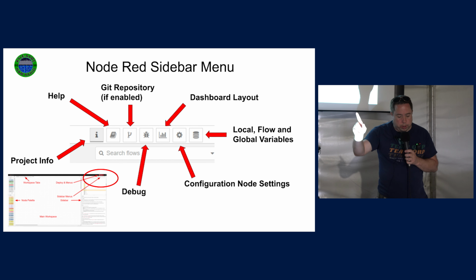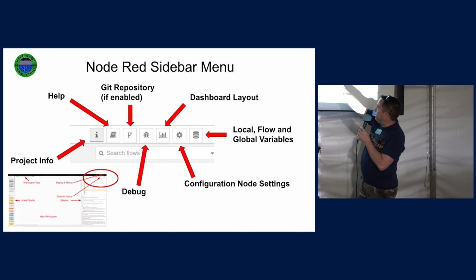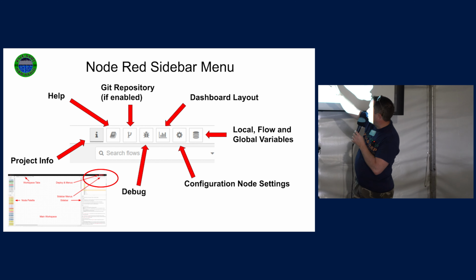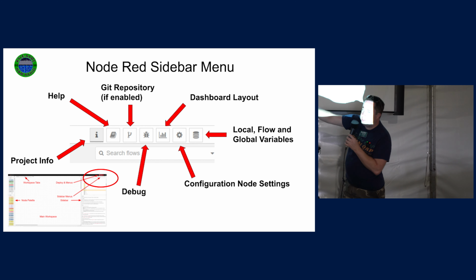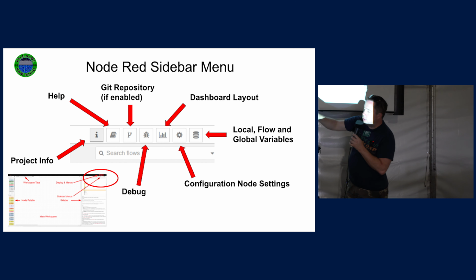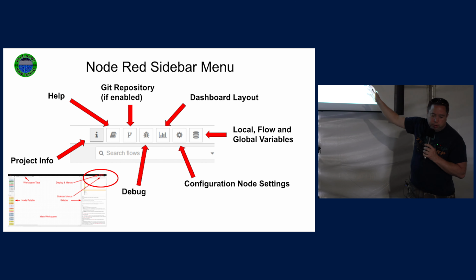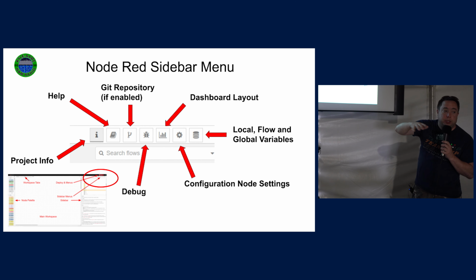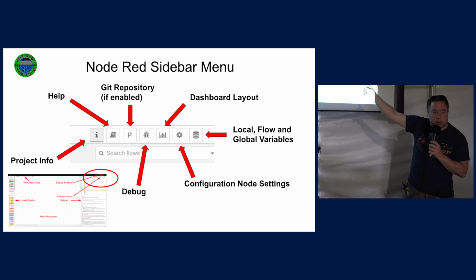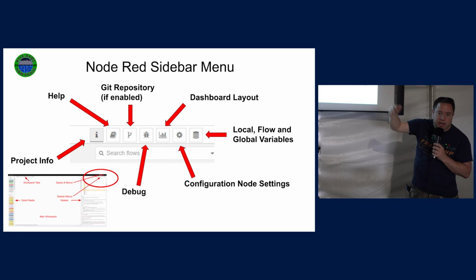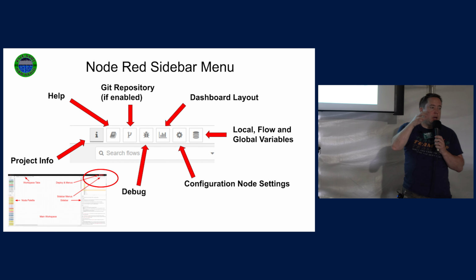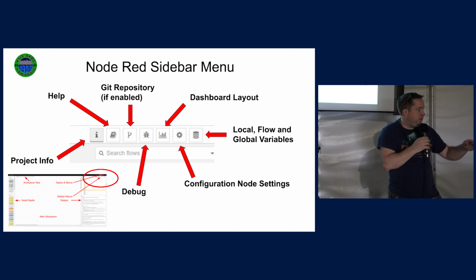And then also, real quick, this sidebar menu, it's got a bunch of icons up here. Remember that deploy button, right? Up here is a bunch of icons. Project info, if you enable projects and you want to push this to GitHub, you can enable that. It's got a help. So every node has got a help feature.